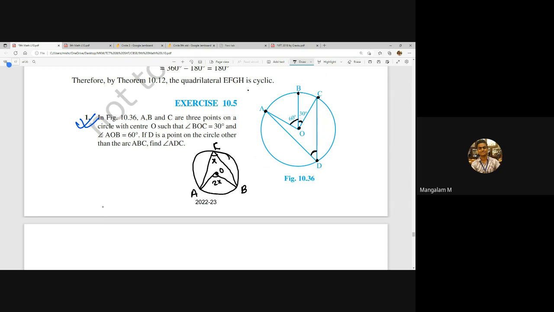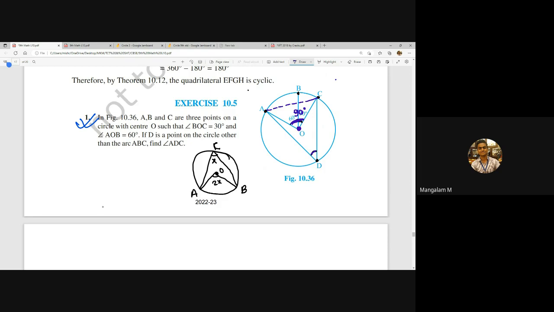सो इन दिस केस you can see AC is what? AC is the segment, right? So AC segment से एक एंगल यहाँ पे बन रही है जो कि 60 plus 30 is equal to 90 degree की है, right? And from the same segment AC there is an angle D is forming on the circle.